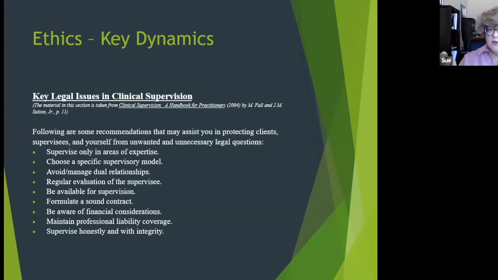If you're not happy with what you're receiving as a supervisee, what recourse do you have? So being able to take care of and foster that relationship can be so important for so many reasons, not only from the standpoint of your supervisee's professional development, but also from the standpoint of any complaints. So that starts getting into some ethical pieces there.